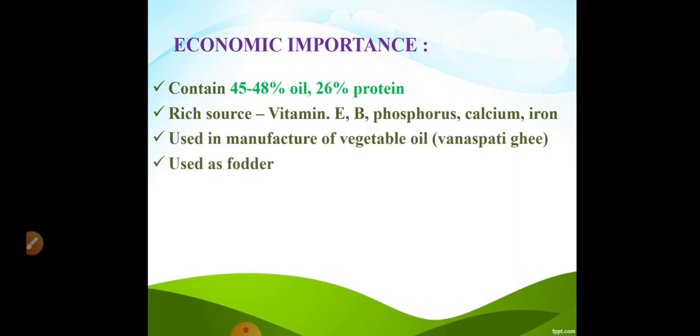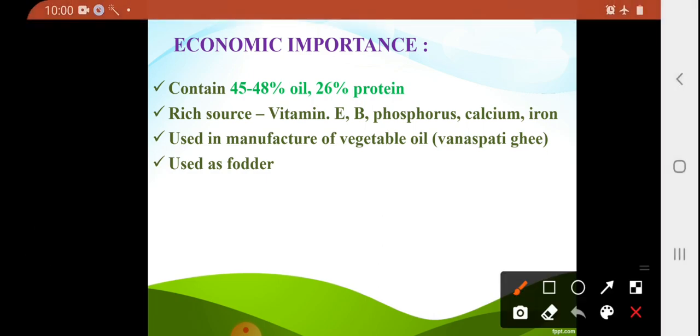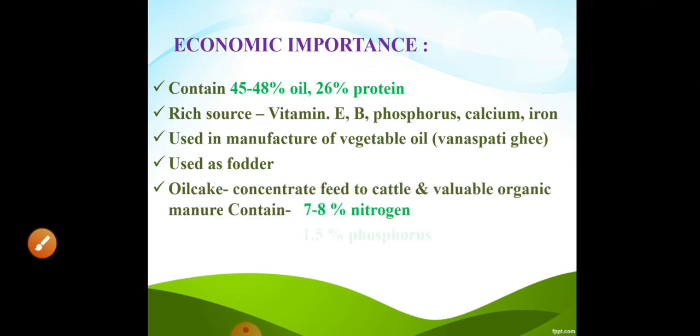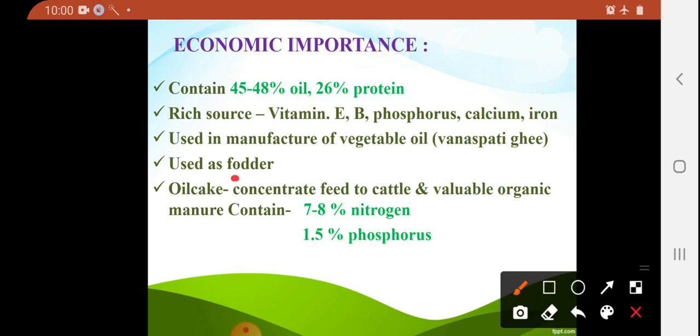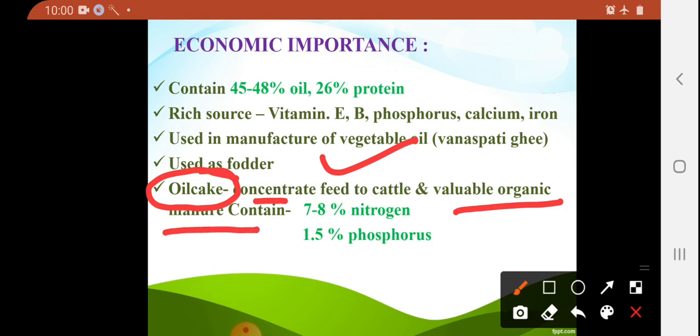Okay, all its plant parts which we can see above ground, we can use as fodder. Next, after oil extraction, the remaining part is used as oil cake, and this oil cake we can use for animal feeding as a concentrate, and even as valuable manure also.